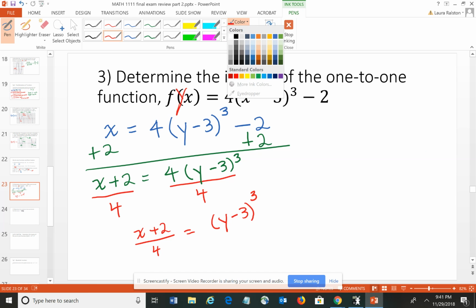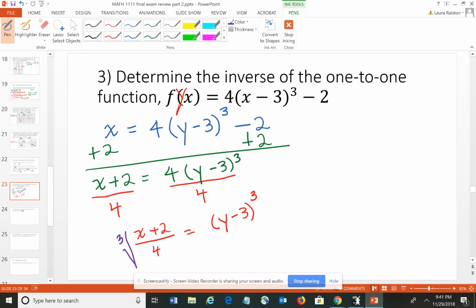I then need to undo the power to 3, so I'm going to take the cube root of both sides because the inverse of cube is cube root, so that I have the cube root of x plus 2 all divided by 4 equals y minus 3. And I'm almost home free.